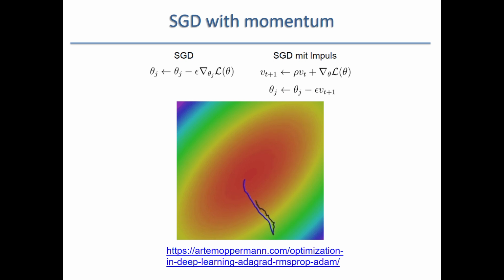So you update the velocity using the current velocity and some dampening. Now there are two learning rates: one for how much you update your coordinates, your position or your weight, and one for how much you update your velocity.